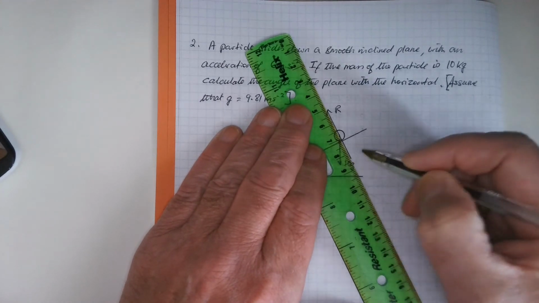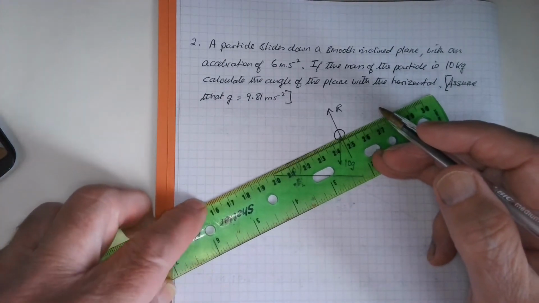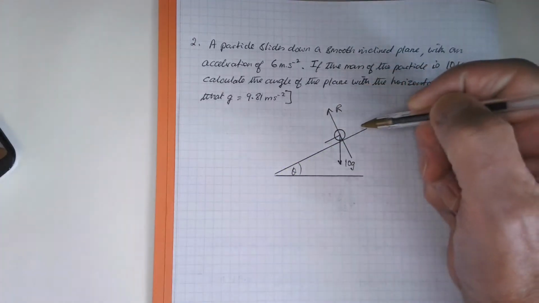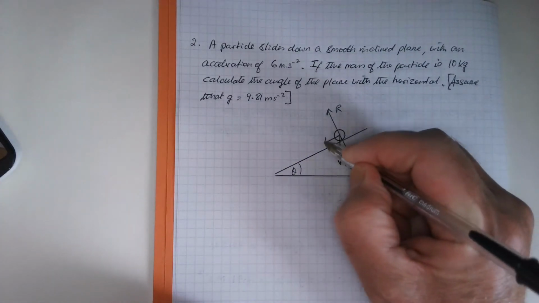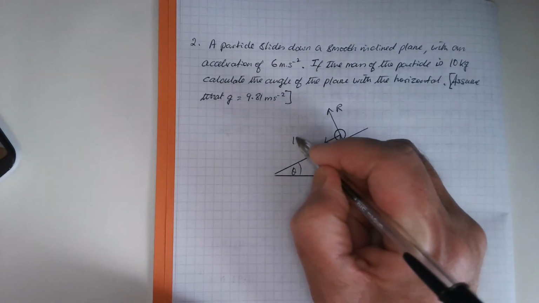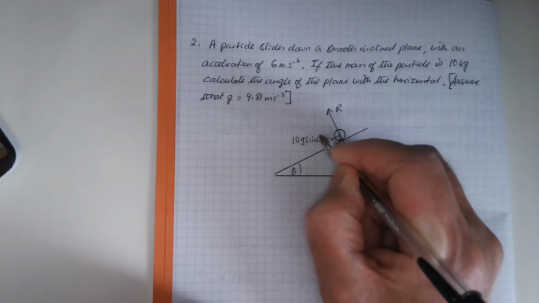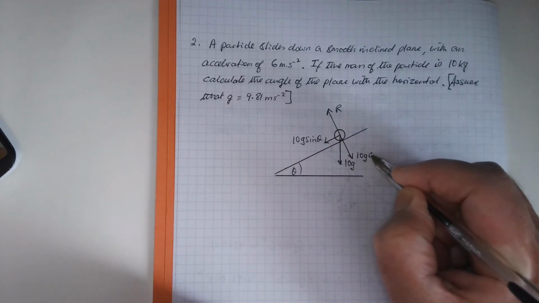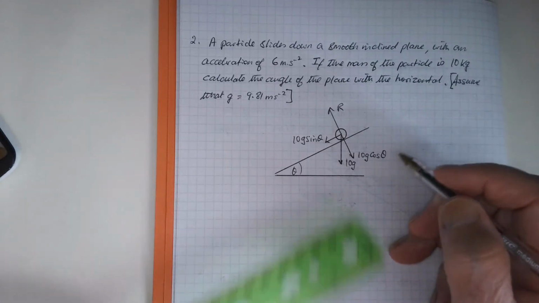So I'm just going to replace the 10 kilogram force with the two forces, the two components, 10g sine theta, don't know the angle so we just have to call it sine theta, and 10g cos theta, that's the one acting into the plane.